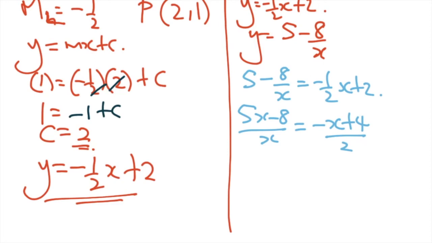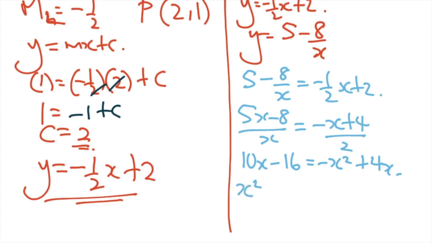So cross multiplying both of them, that should give me 10x minus 8 times 2, which is 16, minus 16 equals negative x squared plus 4x. Okay, equating them, the rest is just forming an equation and then cross multiplying.